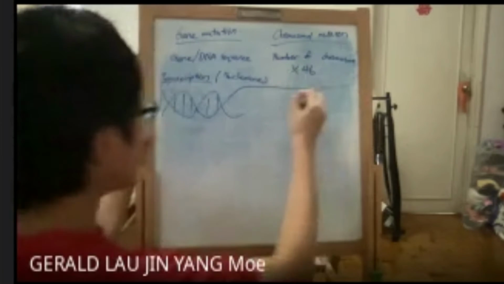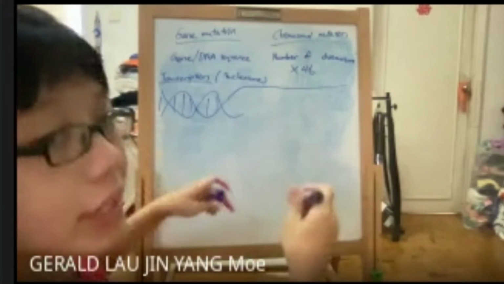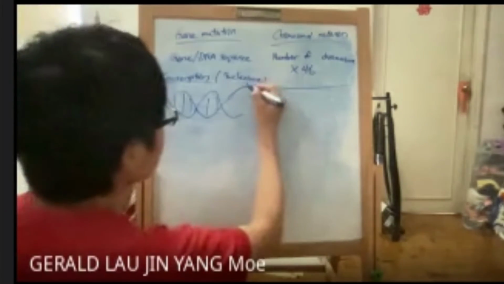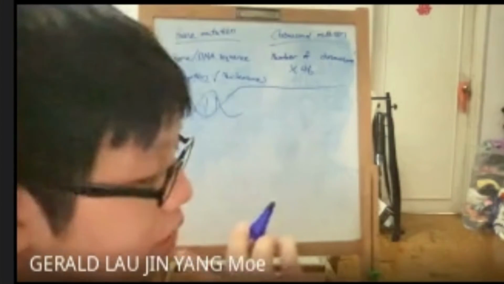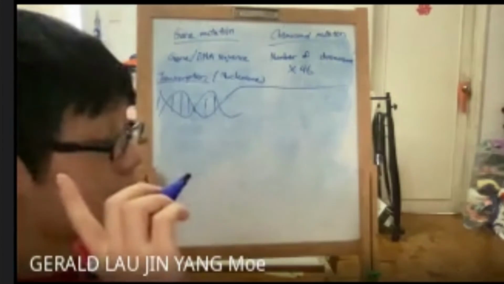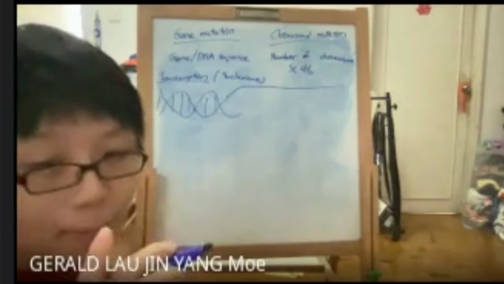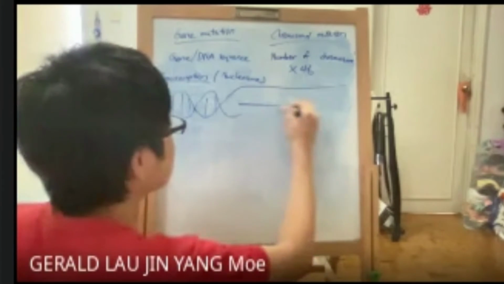The DNA will produce one mRNA. It will transcribe one polynucleotide mRNA out. So let's say, what nitrogenous base do we have in DNA, and what nitrogenous base do we have in RNA? RNA is only one strand, so it will be just one strand like this.